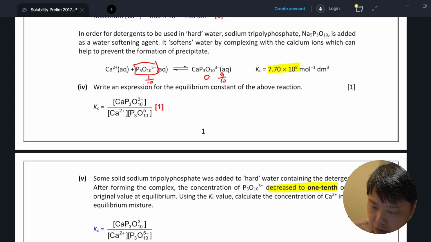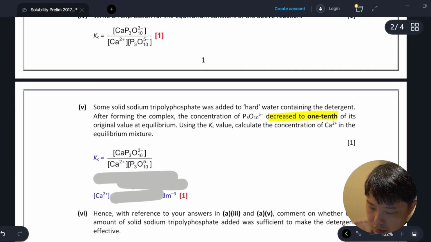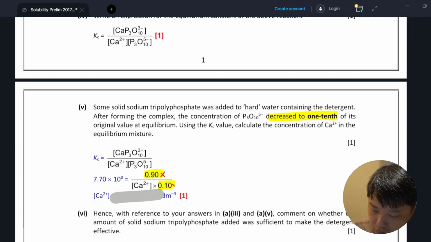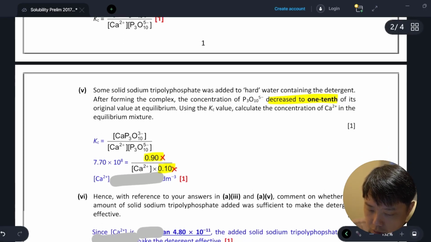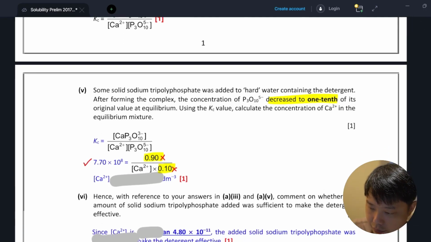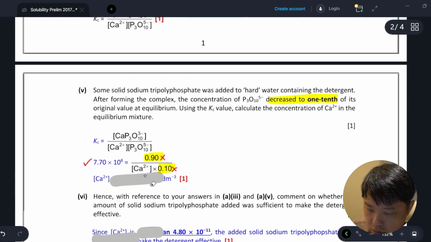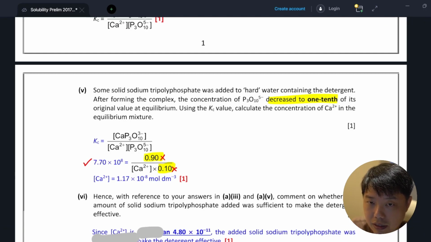So 9/10 of it converted to the complex. That's why we put this ratio here. It is actually 0.9x over 0.1x, but the x will cancel out because we do not know the original value. Since it cancels out, we can simply use the ratio, plug in the Kc value here on the left, and then solve for the new concentration of calcium after you've added in this sodium tripolyphosphate.